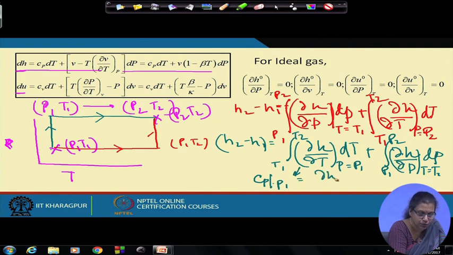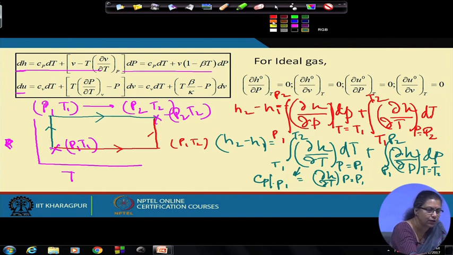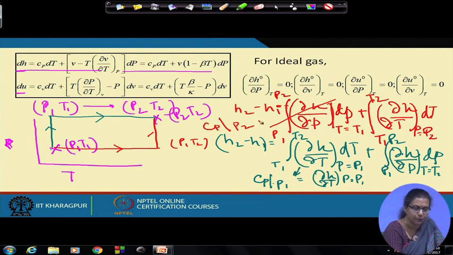And for this particular case, I need information on Cp at P2. And in order to find these two properties, what do I need? If you would recollect, I simply need the PVT behavior of the gases, and this I need for, sorry, I have made a mistake in this particular case. This is not here.